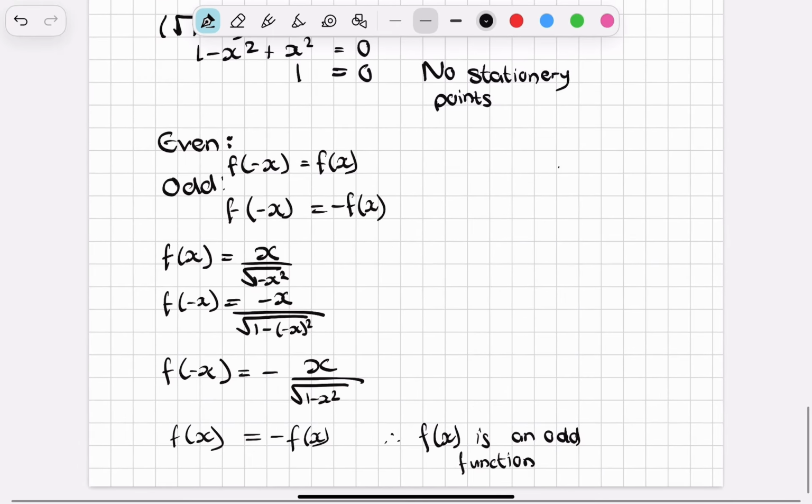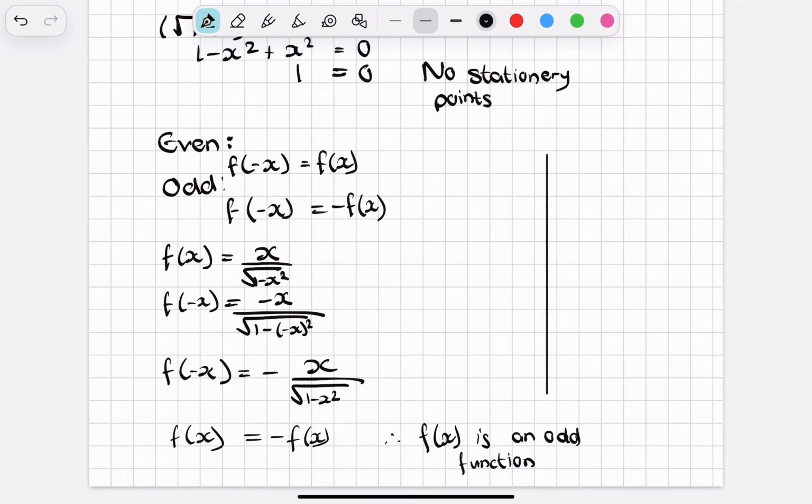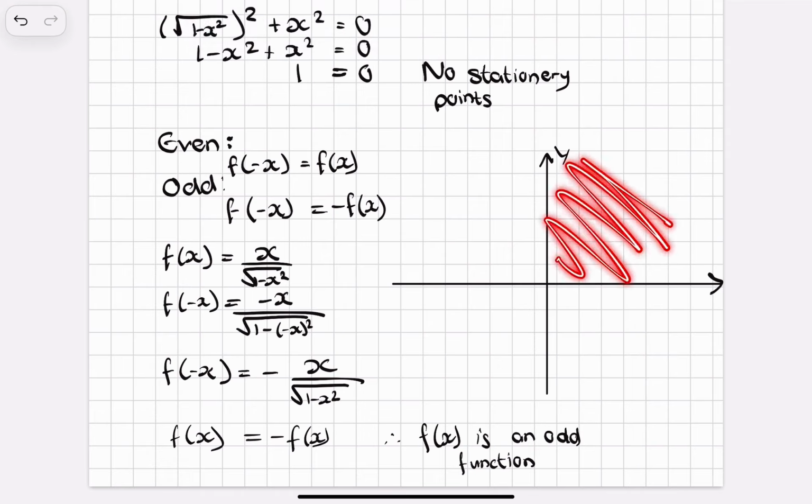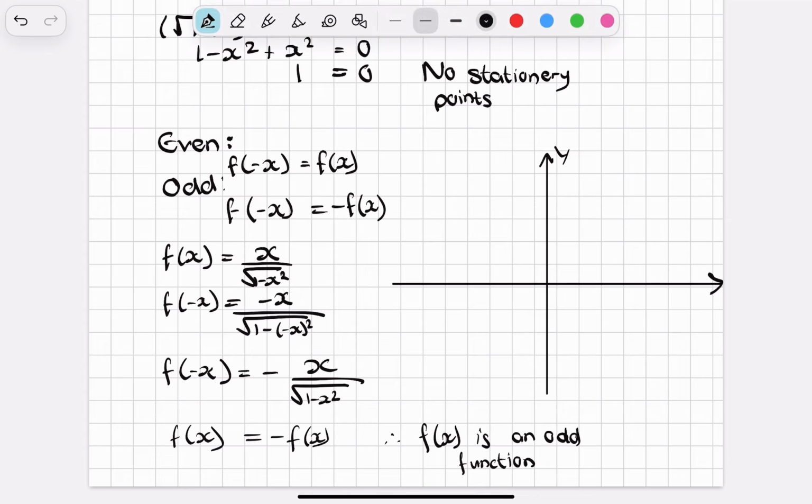Now let's sketch our graph. So we know we are bounded by minus 1 and 1. And since we've got an odd function, anything in this quadrant here will be rotated 180 degrees.